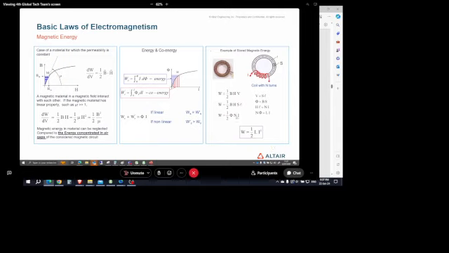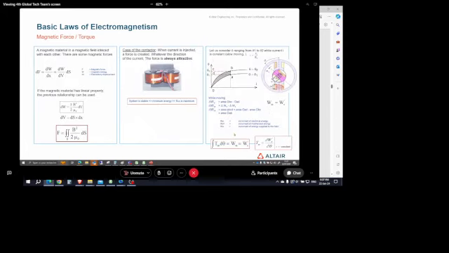And then the magnetic energy is equal to half of the inductance multiplied by the current square. So if there is no current, there is no magnetic energy, and so I cannot talk about inductance, and vice versa. So we need to have magnetic flux or magnetic energy somewhere, and the coil somewhere else to talk about inductance actually.